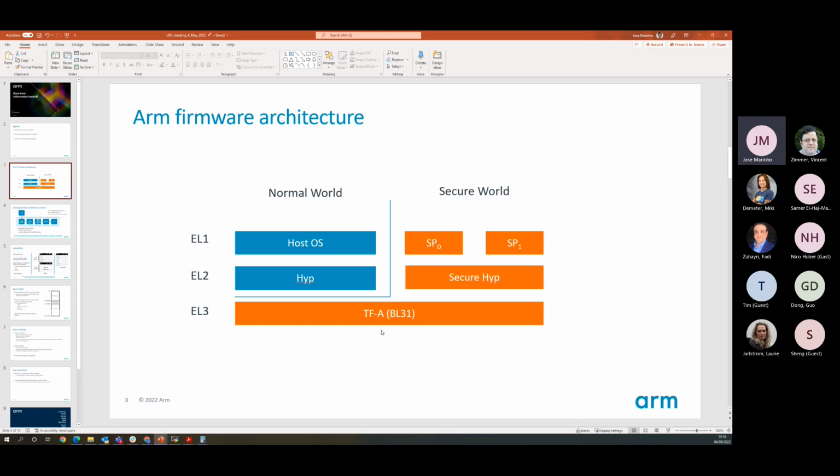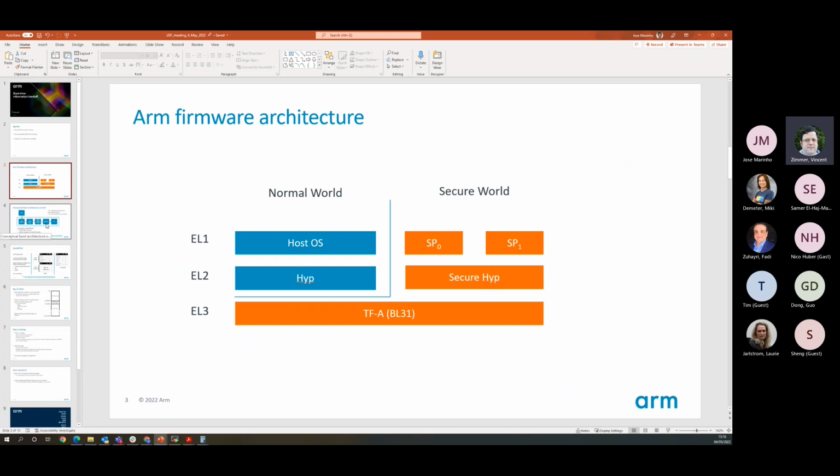Right. Okay. So anything in orange is what you'd call TrustZone, and that's the secure world. BL31 is just the payload or firmware component that runs in the secure world at EL3.